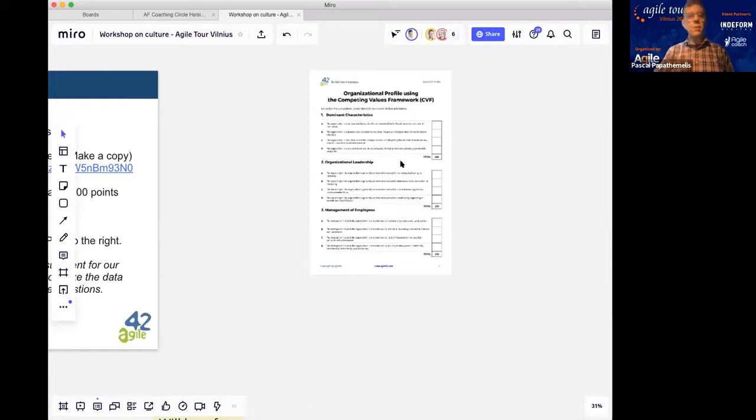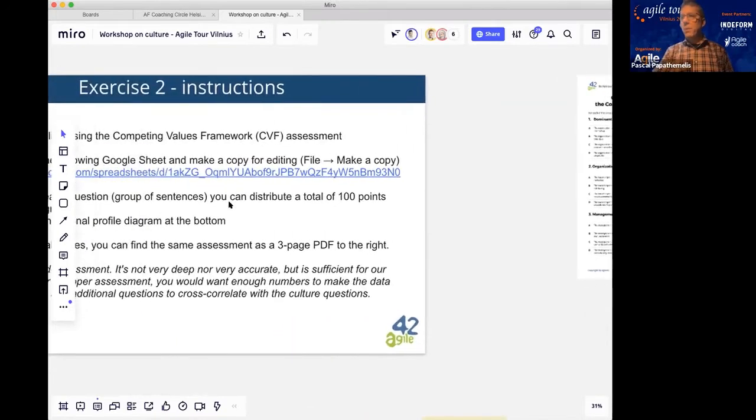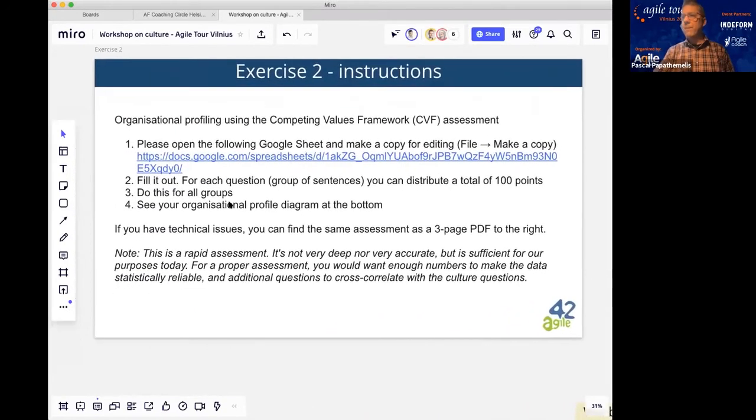You can try to do it with pen and paper if you want. That will take a bit more time to fill out. But first, let's see that everybody has been able to copy it. Does somebody have any problem copying this? I will give you instructions about the filling out once you have copied it.